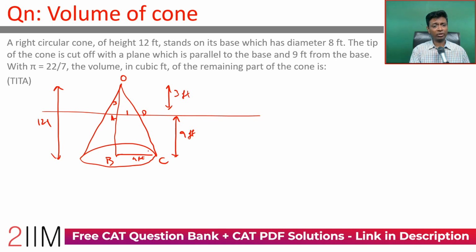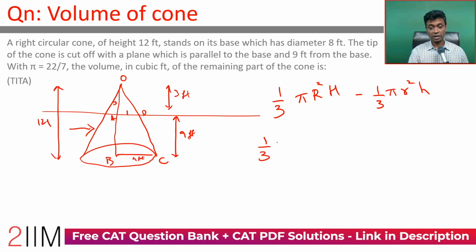With pi equal to 22/7, the volume in cubic feet of the remaining part of the cone, which is called a frustum. We need to find the volume, which is 1/3 pi r square height minus 1/3 pi r square height. The big cone minus the small cone.